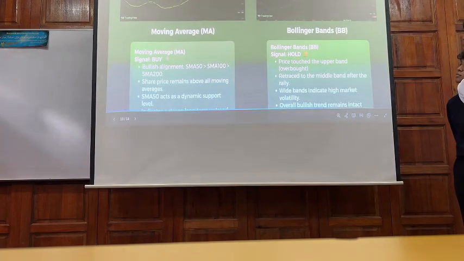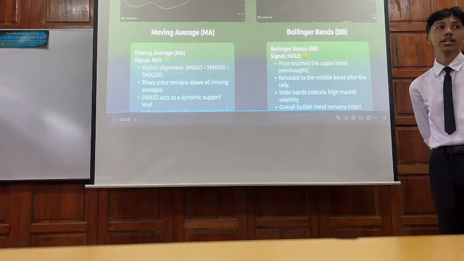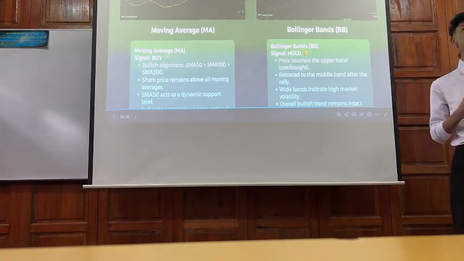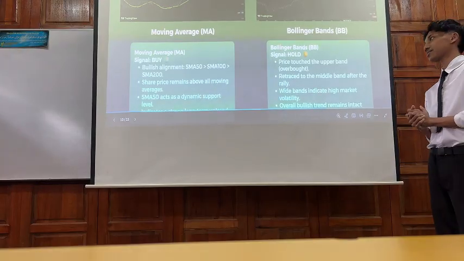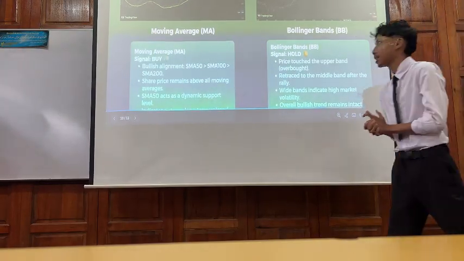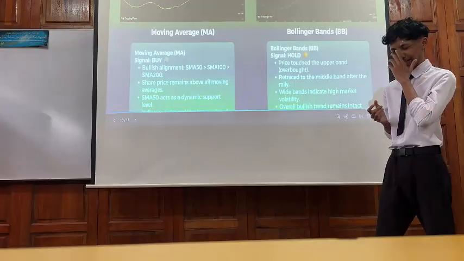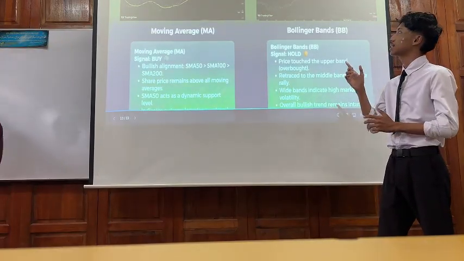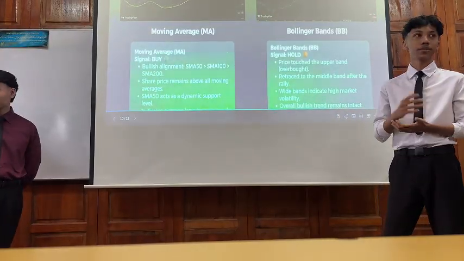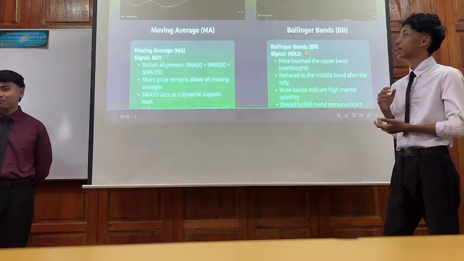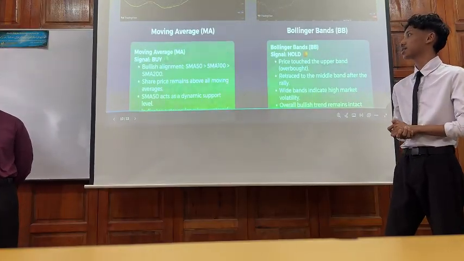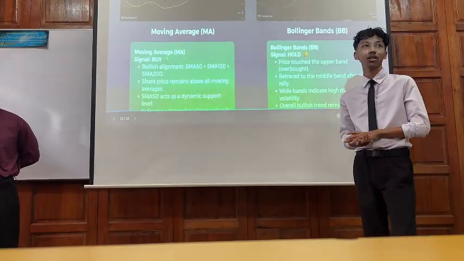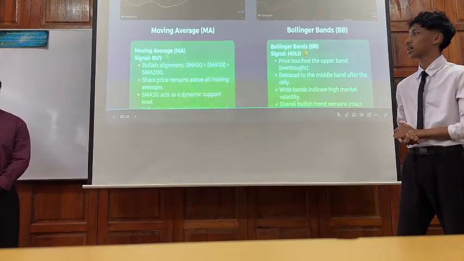These are two technical overlays that we use to analyze our company. The first one is the moving average. As we can see, the current price is above the SMA 50, and the share price remains above all moving averages.